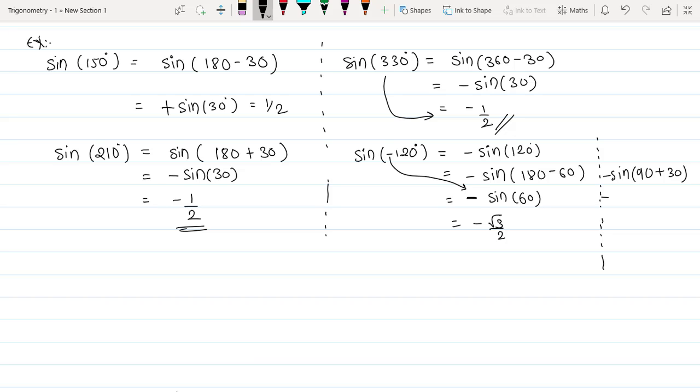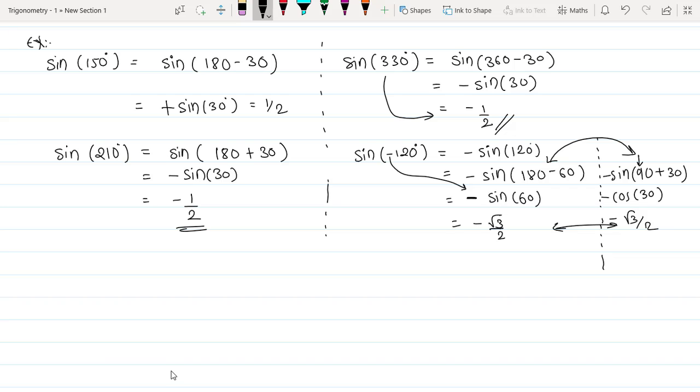Minus sine of 90 plus theta: this 90 is odd, so sine gets converted to cos. So I write it as cos of 30. Sine of 90 plus theta is nothing but cos theta. Minus of cos 30, how much did we get now? Minus root 3 by 2. We got the same answer. In any direction you proceed, you will get the same answer. Is it okay?